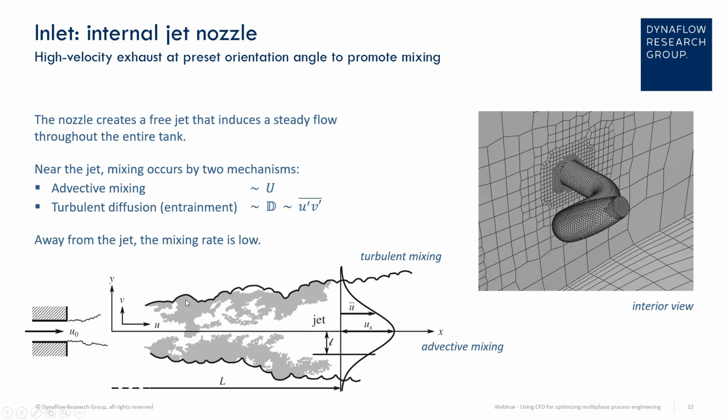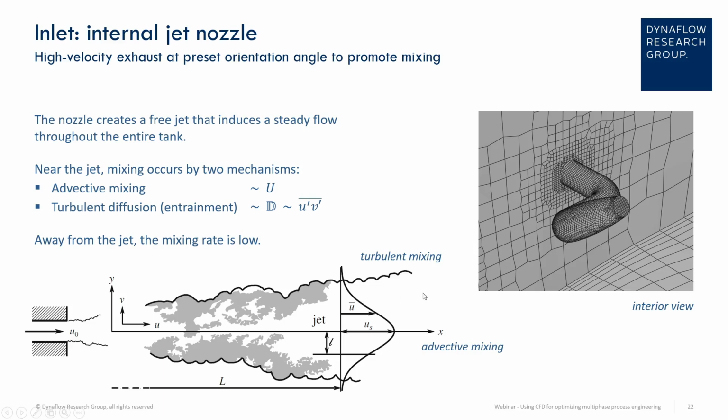But also along the edges of the jet, there is a lot of shear, and you get turbulent mixing. And there you have a large transfer of momentum from the high velocity jet to the low velocity tank fluid. But analogously, you also have a high transfer of concentration in that region.